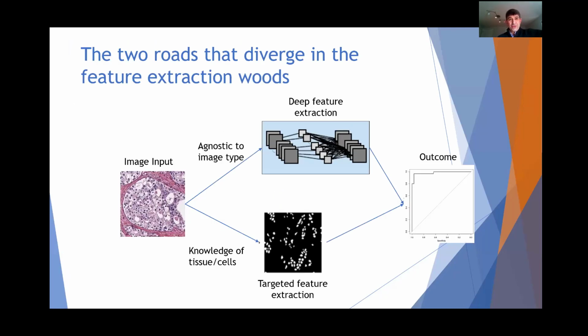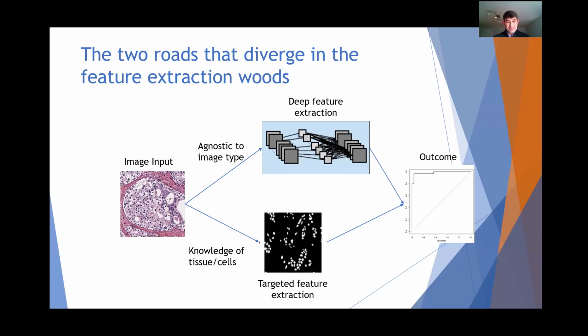So I've used this term feature extraction multiple times, and that really just means the acquisition of the data from the digitized images. There are two primary ways to do this.